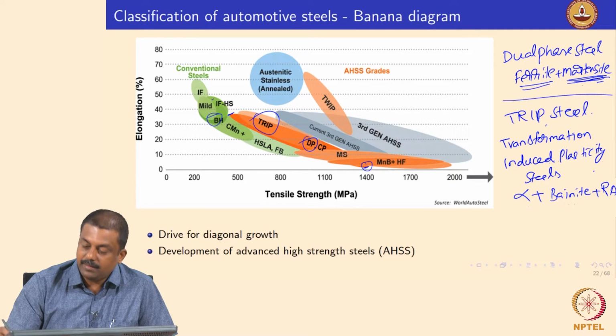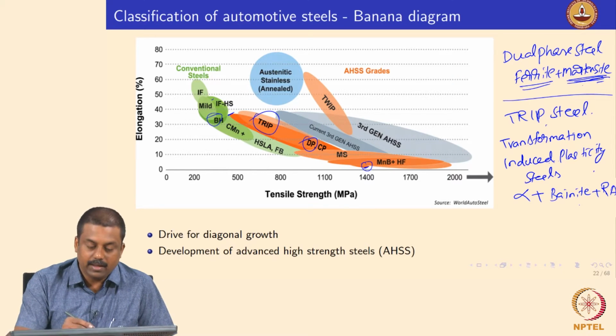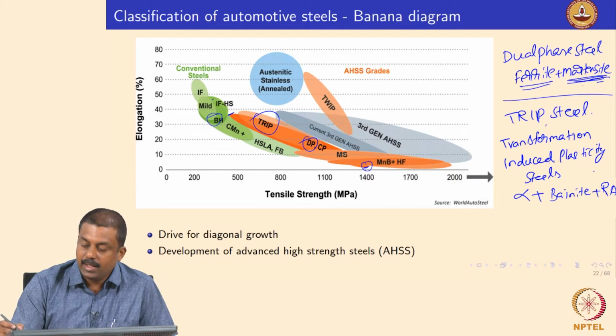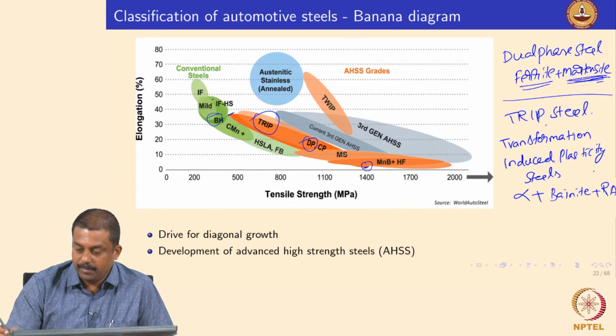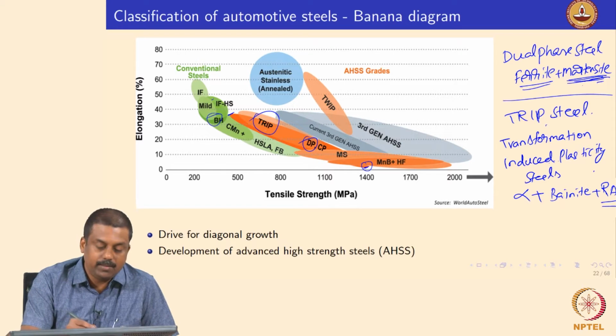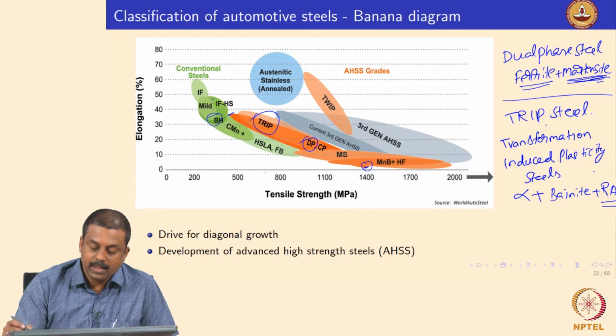And because of this special multi-phase microstructure, TRIP steel again has excellent ductility as well as a good amount of strength. In order to obtain such a multi-phase microstructure, we also need special heat treatments and alloying elements, but because of this multi-phase microstructure, especially the presence of retained austenite, we can achieve reasonable ductility and strength.